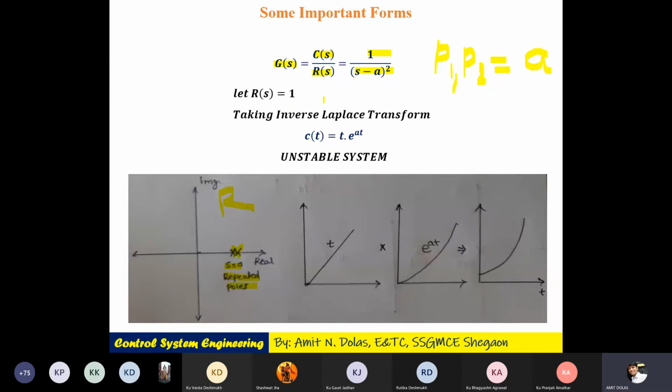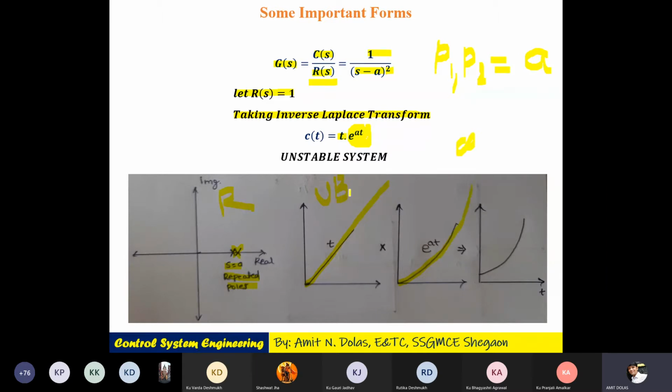Now again we take the impulse response. Put R of S is equal to 1, that is the Laplace transform of delta t, which will be equal to 1. So taking the inverse Laplace of this, it will be simple, that is t into e raised to power at, no minus sign here, please remember. Separately we have this t, this is an unbounded signal, t is moving towards infinity, so I will write UB, unbounded signal, multiplied by e raised to power at. E raised to power at is again an increasing exponential, moving towards infinity.